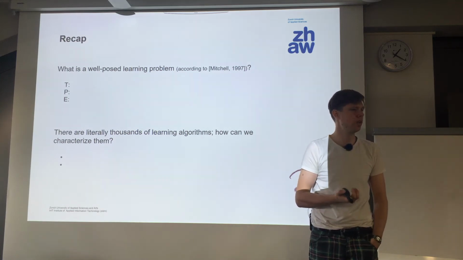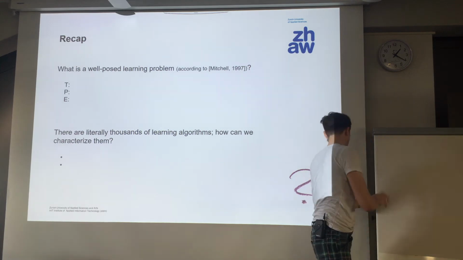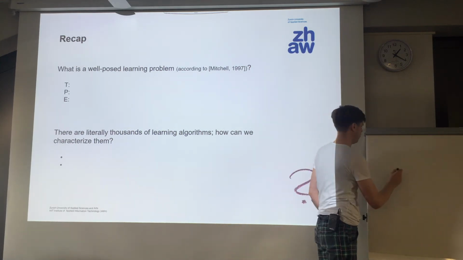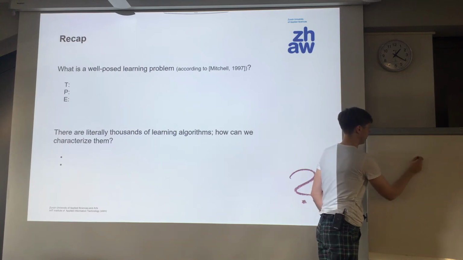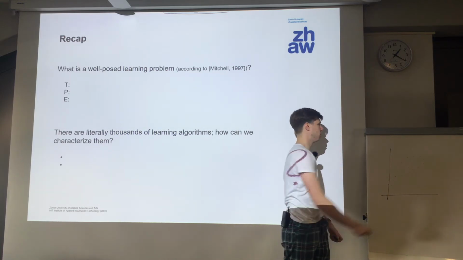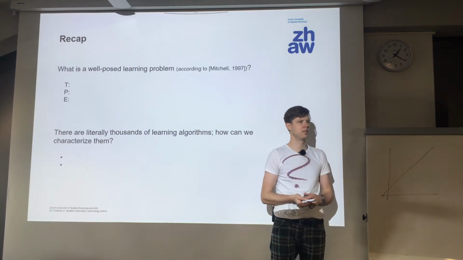A very strong inductive bias would be an algorithm that, if you have some data points and you're looking for the relationship in the data points, assumes it's a linear relationship.